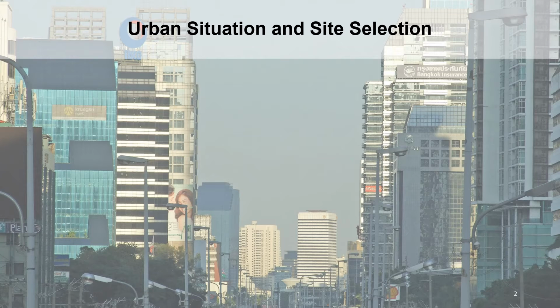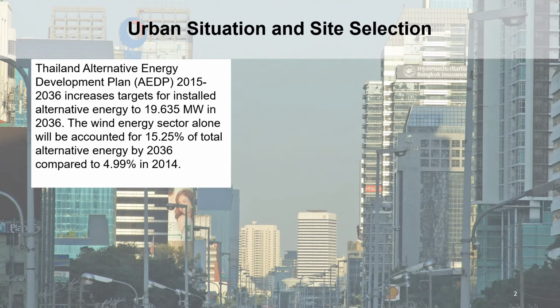Wind energy is one of the renewable sources with the greatest potential for clean and efficient power. Thailand Alternative Energy Development Plan 2015 to 2036 also increases targets for installing alternative energy, including wind energy. Nonetheless, the urban environment still has some limitations on the application of wind turbines.